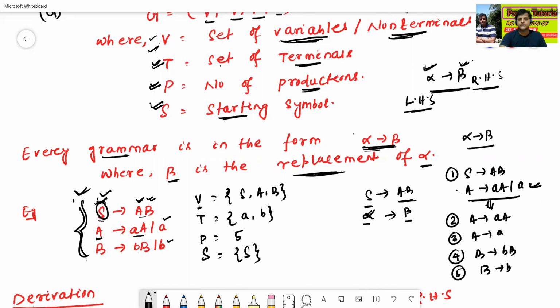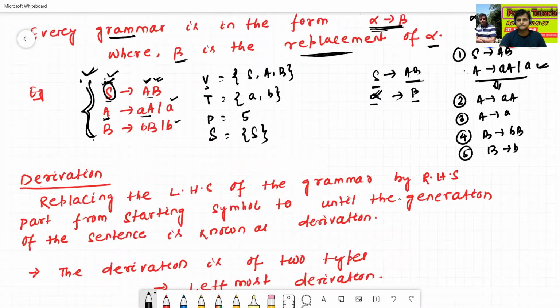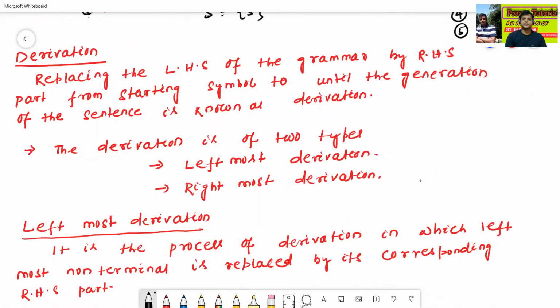Next we'll see the derivation. The next definition is called derivation. What is the meaning of derivation? Replacing the LHS part of the grammar by the RHS part.